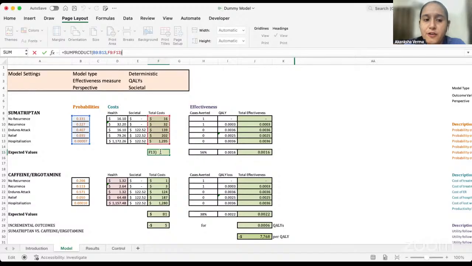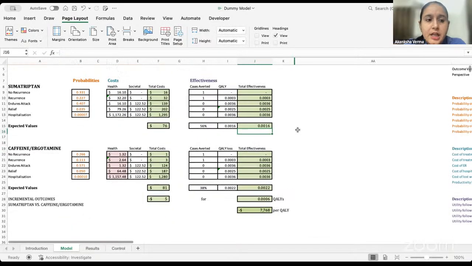So it does the product of the two arrays which you have selected, and then sums all of them. Similarly for effectiveness, it's multiplying probabilities with the effectiveness and giving you the final expected value, right?